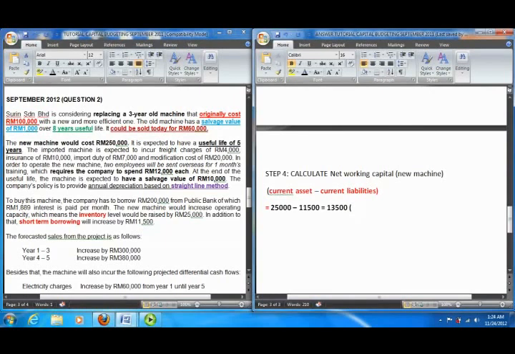So actually the increase in NWC is 13,500. So that is your net working capital.